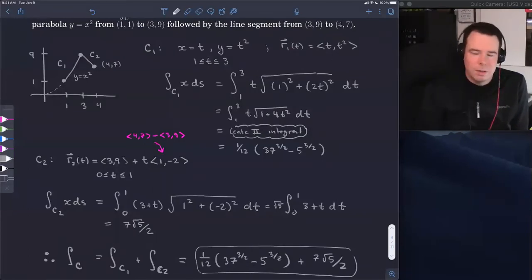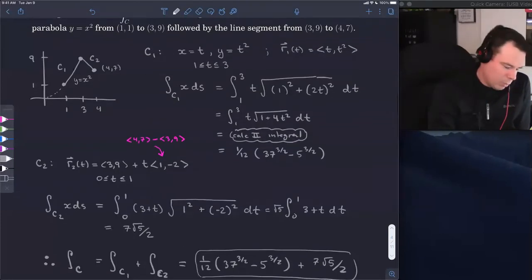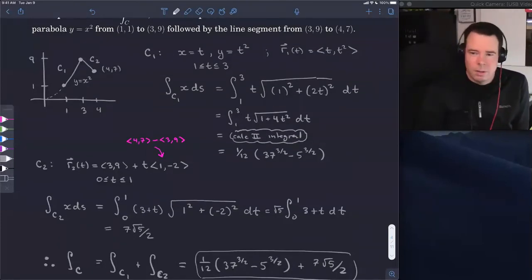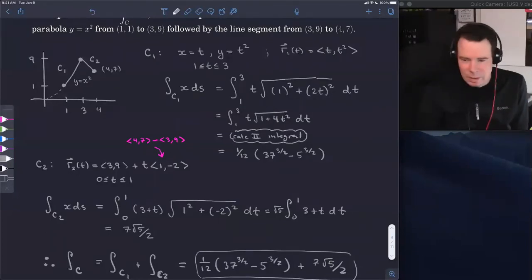So we are using the parameter t as our variable of integration, and we are just putting everything in terms of that parameter t. So in our scalar function, we are replacing x and y with their values in terms of t. And the ds, we are replacing it with the values in terms of t, which is the magnitude of r prime of t times dt.